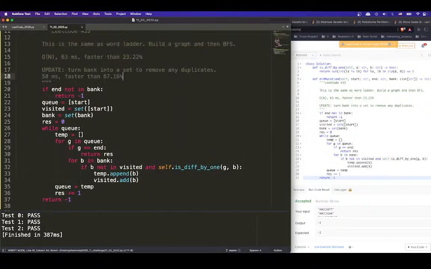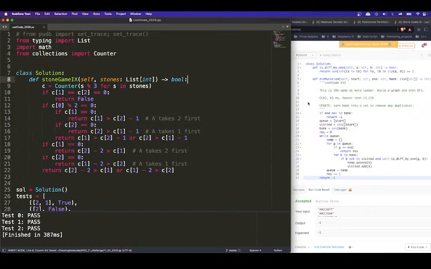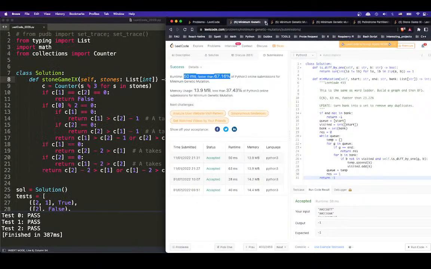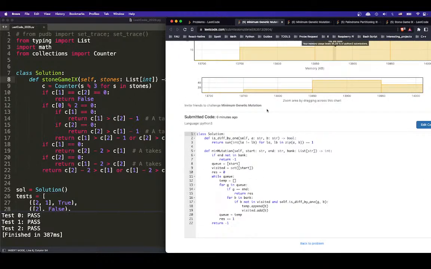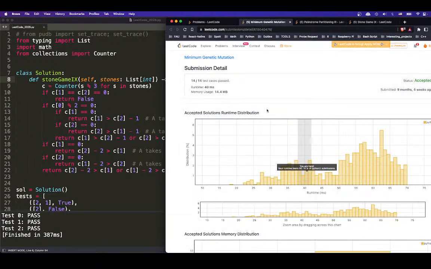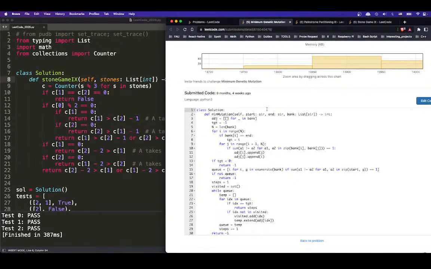All right, let's go back to this one. We passed yesterday, but I said I need to analyze it again. 15 test cases this time. 14 test cases. Yeah, I built a graph. Jeez, come on, man.